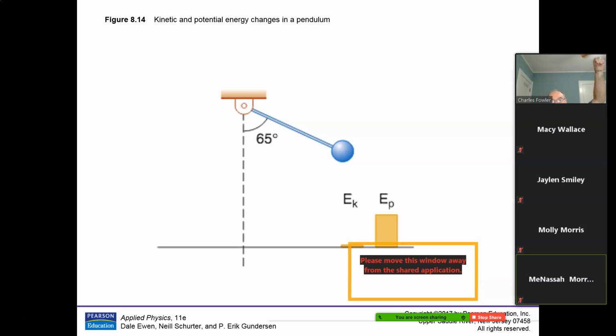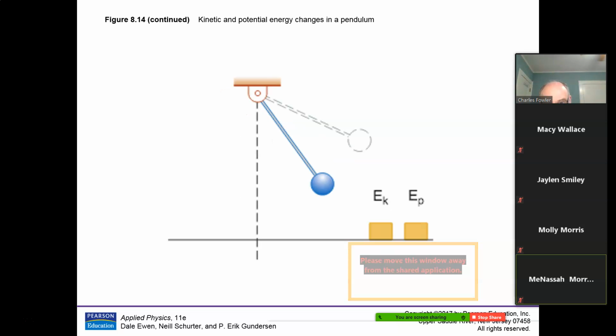Now, when you release it from rest, then it starts falling, of course. When it starts falling, it gradually picks up kinetic energy, at the same time losing its gravitational potential energy. So that's what happens when you release it.